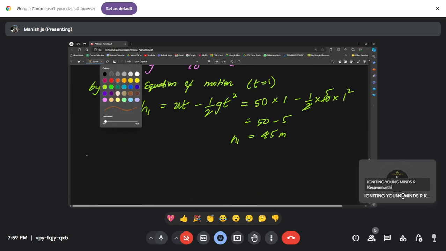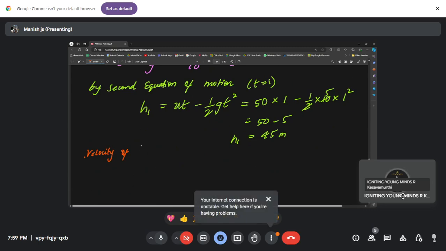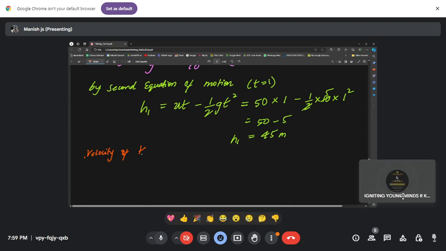Similarly, try to relate the other quantity. So now find out the velocity of the bullet at the end of 2 seconds. So by using the first equation of motion, you can write v is equal to u minus gt, which is 50 minus 10 into 2, which is equal to 30 meters per second.